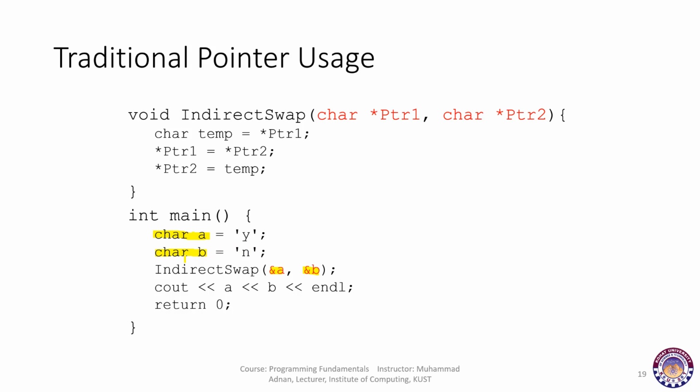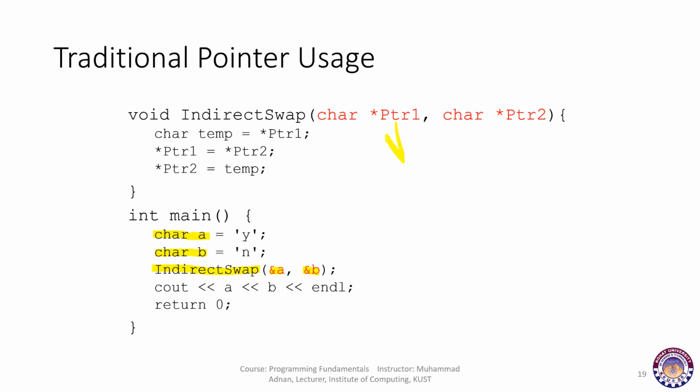When we call this indirect swap function, appending the ampersand sign here means that we are now passing the address of a and b. We are not passing the value. So the address of a is stored in a variable called ptr1, whereas the address of b is stored in another pointer called ptr2.